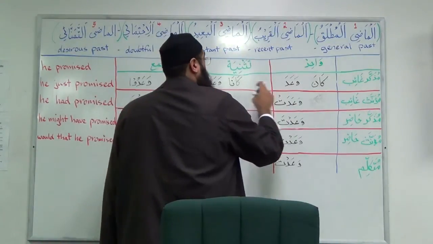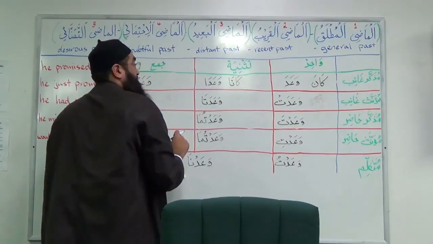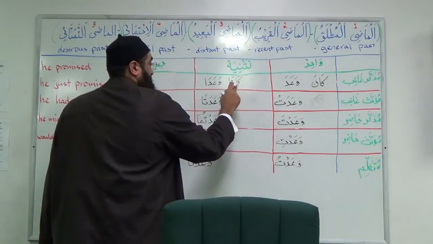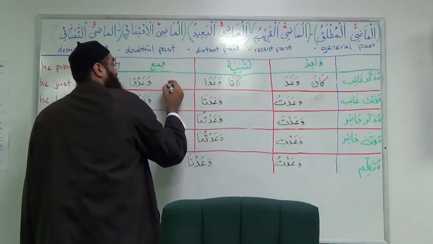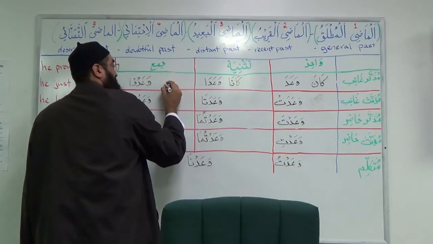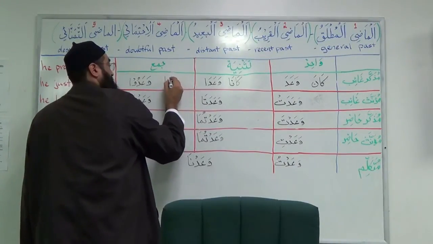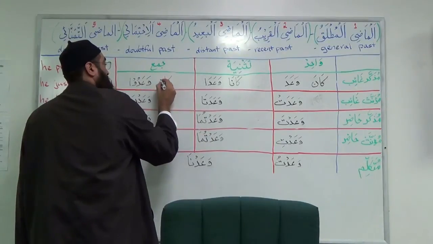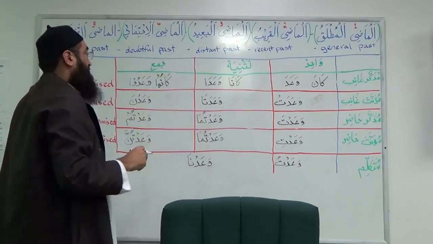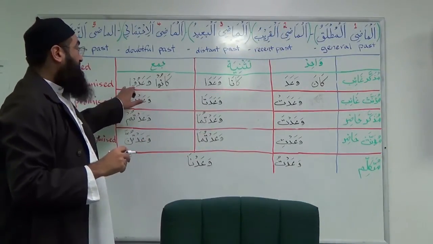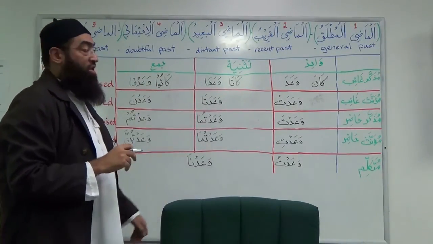So kana wa'ada, kana wa'ada. In the same manner, we're going to add a waw. So kanu wa'adu. Alright? So we added a waw to the main verb, and this is a verb also.